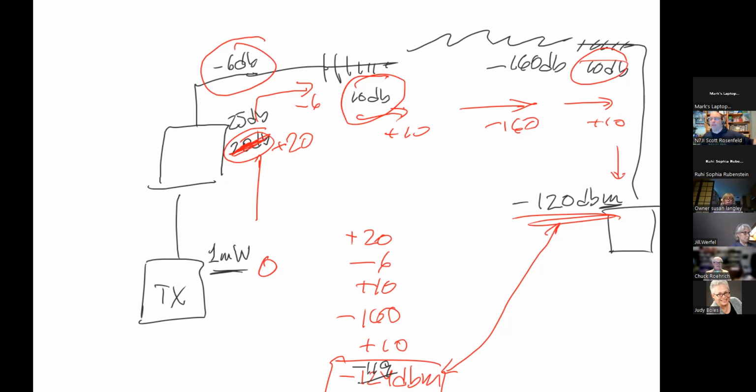Has anyone ever had the cable guy come out because your cable was not working right? This is what your cable guy does. This is exactly what the cable guy does with the cable system when your cable is not working properly. It could be that that amplifier, which is literally an inline amplifier, needs to be a little bit stronger, or maybe it's not working right, or maybe that cable, has the cable guy ever taken out a piece of cable and replaced it at your house?